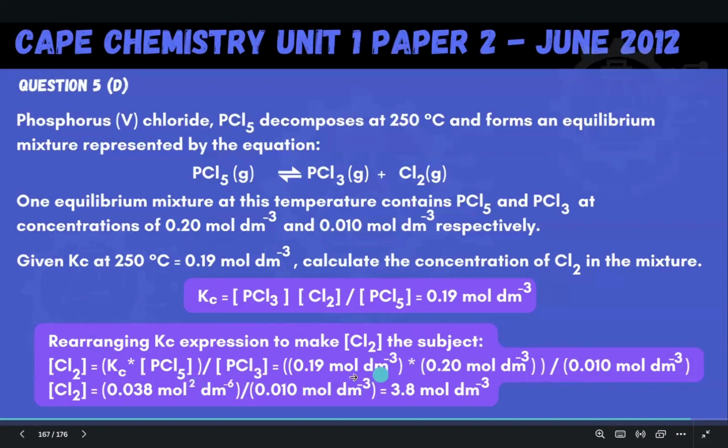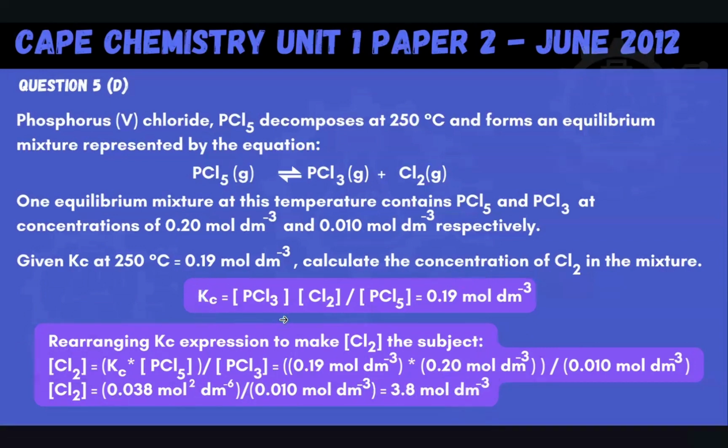And so when I plug in all the numbers and bring through all the math, and I'm keeping track of my units as well, I end up with a concentration of Cl2 being 3.8 mole per dm cube. Okay? So that's our answer. So all we had to do for this was write our Kc expression, then rearrange to find the concentration of Cl2, and then plug in, and here we are. Okay, so with that, we've come to the end of this question.